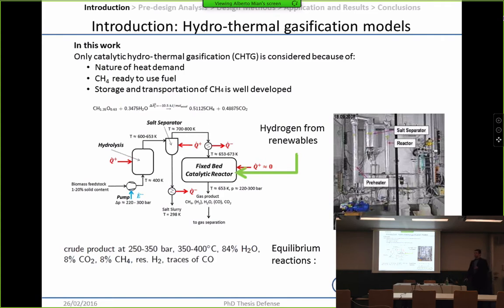So, thanks to my computer simulation, I was able to calculate this process flow sheet diagram and to calculate the composition at the reactor output. What is the advantage? By adding hydrogen, it's possible to theoretically remove the CO2 from the gas product and increase the methane.